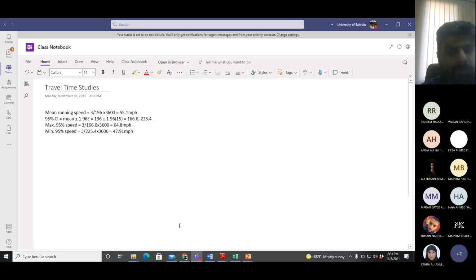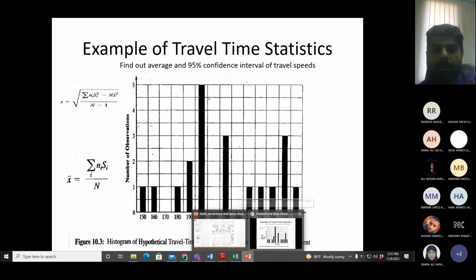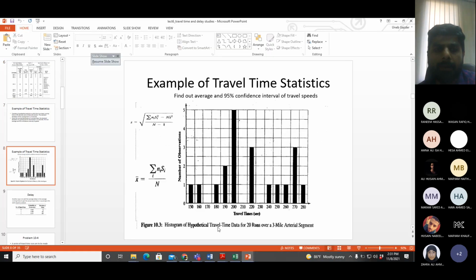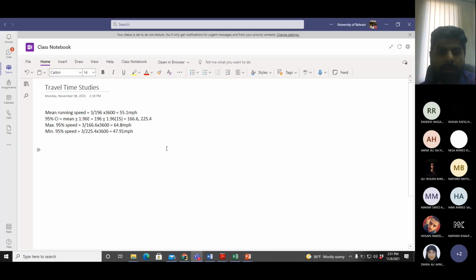Now for a frequency distribution, if you want to calculate the mean, we know the equation, right? The equation is this one. This is the equation for mean.